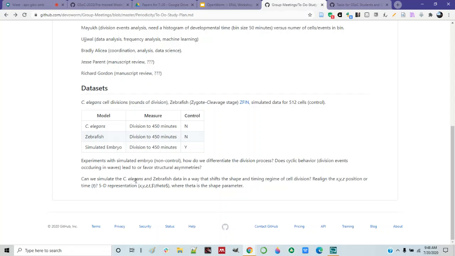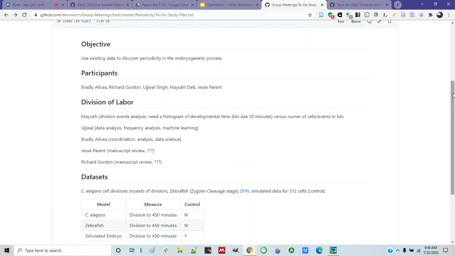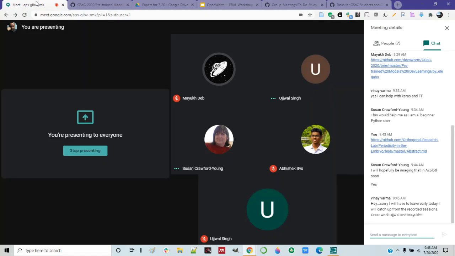You might be able to simulate those data to shift the shape and timing of cell division to see what happens. I know that's a little bit odd as a concept, but basically taking the existing data and applying some sort of distortion to it to see what happens to cell division. I'm just thinking of ways you can do little computational experiments with the data, and we might learn something from that as well.